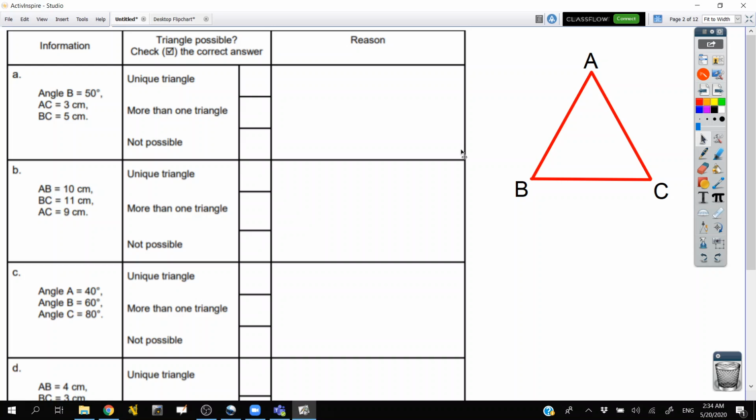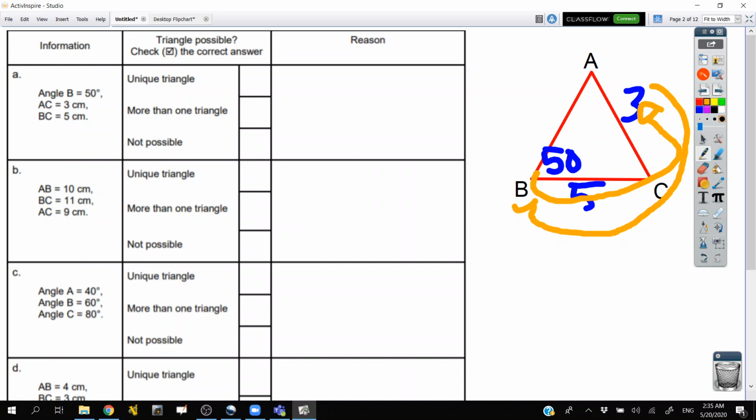Here we have the first page and the setup we had. I was hoping you would go through here and say things like, angle B is 50 degrees, AC is 3 centimeters, BC is 5 centimeters. And I would look at this and say there are just two directions we can go around the triangle. It could be angle, side, side, going that way, or side, side, angle, going this way.